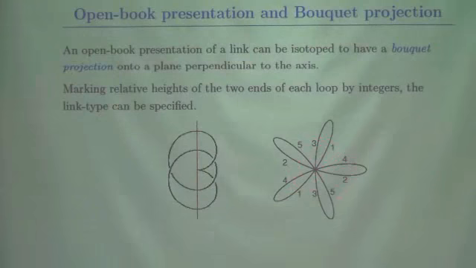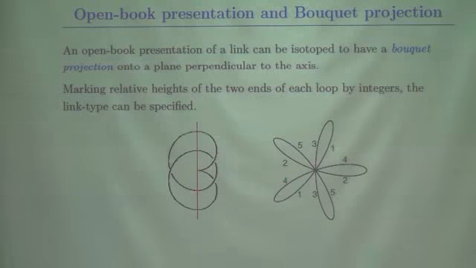These numbers: so here this is 1, 2, 3, 4, 5, and this loop is 1, 4. It is connected to 4, 2.